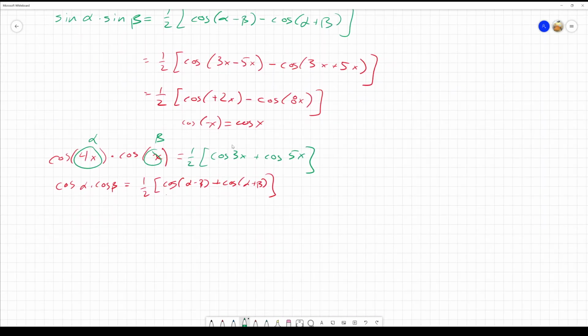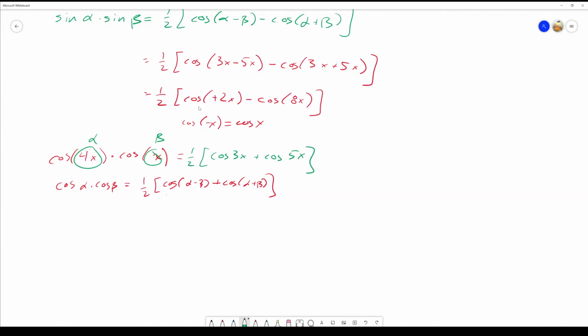So what you can do now is take the product to sum formulas and solve for the sum part and get what are called the sum to product formulas. So if I have something like the sine of x squared minus the sine of x cubed, this is an example of sine of alpha minus sine of beta.